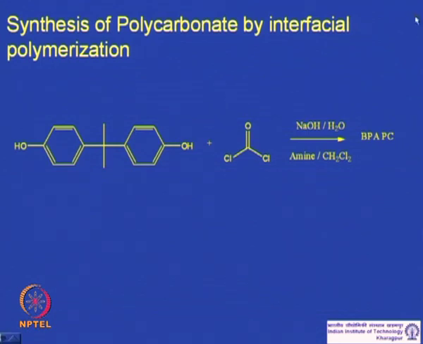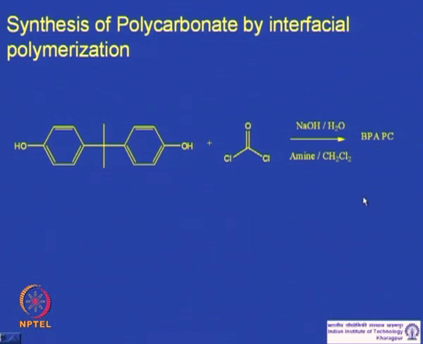Bisphenol A is the monomer, and this is phosgene. Bisphenol A is taken in aqueous sodium hydroxide solution and phosgene is passed through an organic solvent, in this case methylene chloride, forming BPA polycarbonate.